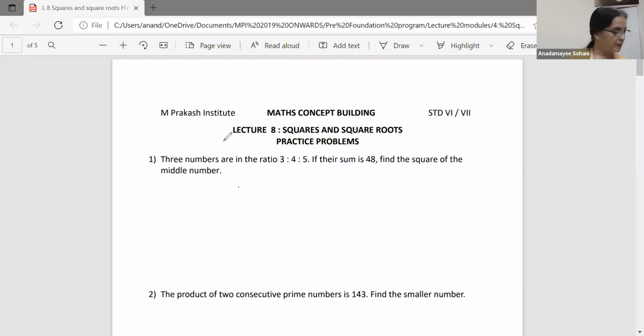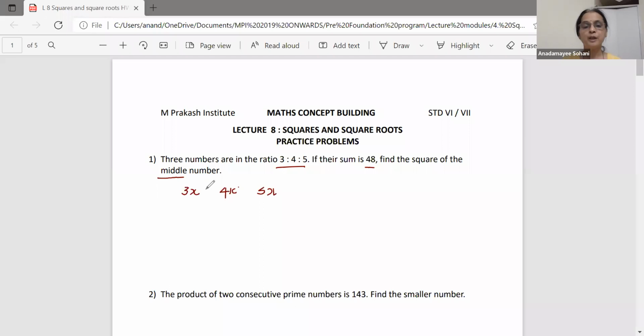See the first question. 3 numbers are in the ratio 3:4:5. If their sum is 48, find the square of the middle number. So now we know in ratio proportion, if the ratio of the numbers is 3:4:5, we can consider the numbers to be 3x, 4x, and 5x, where x is the constant of proportion.